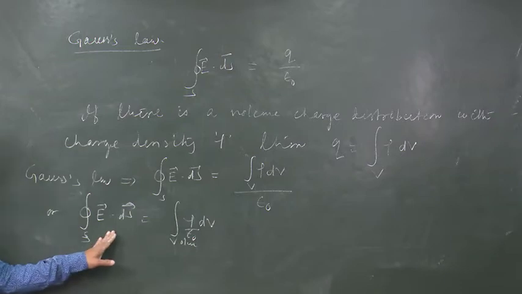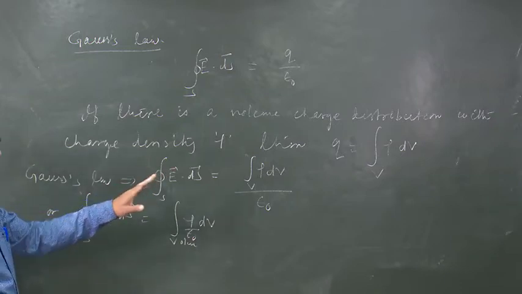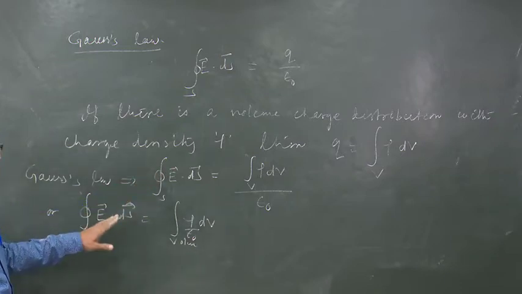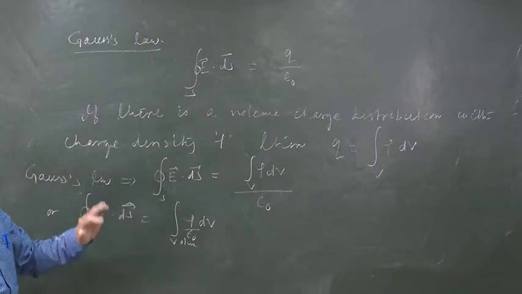This left hand side is the surface integration, and as I have discussed just now, this surface integration can be converted into a volume integral using Gauss divergence theorem.